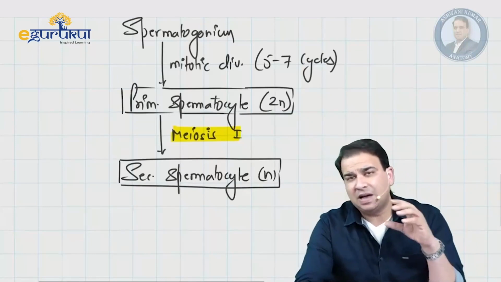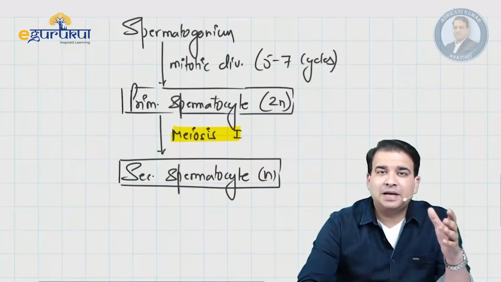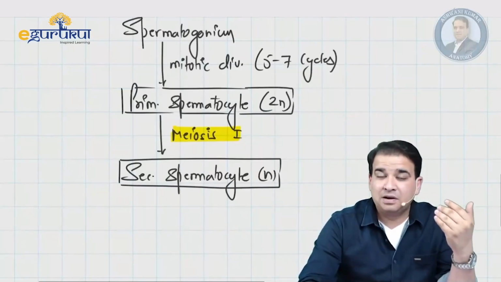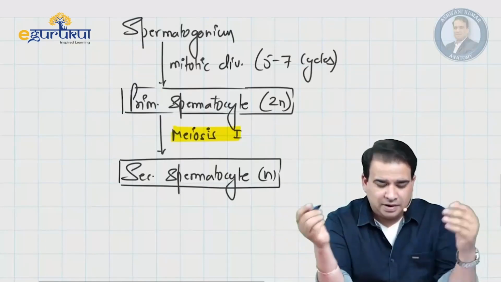And imagine, they even ask this question from here: what is the stage for the independent assortment of maternal and paternal chromosomes? Well, maternal and paternal chromosomes will independently assort when the X and Y are separated.